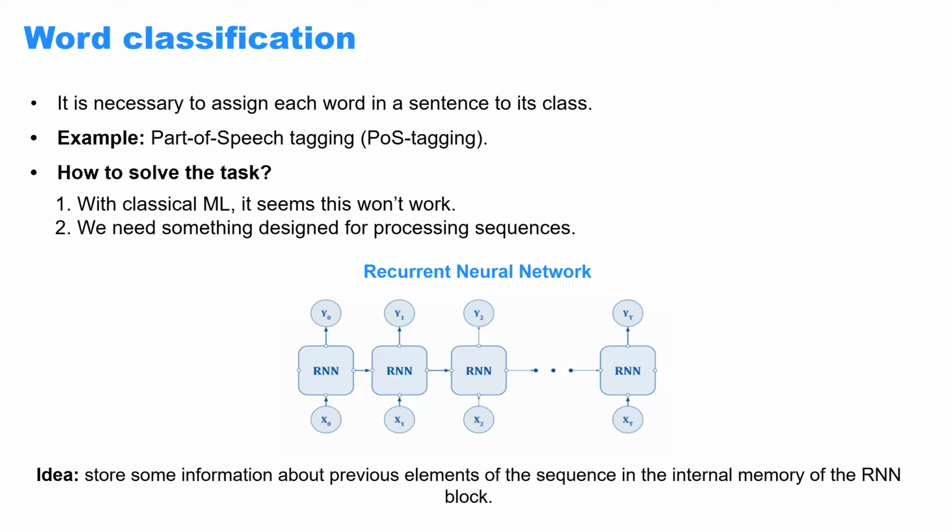So for part of speech tagging, we can use a recurrent neural network. We have a word, it goes through our recurrent neural network, and we predict its part of speech. Then some information is accumulated in the recurrent neural network cell, like in its head, in its mind, and then we pass to another word.